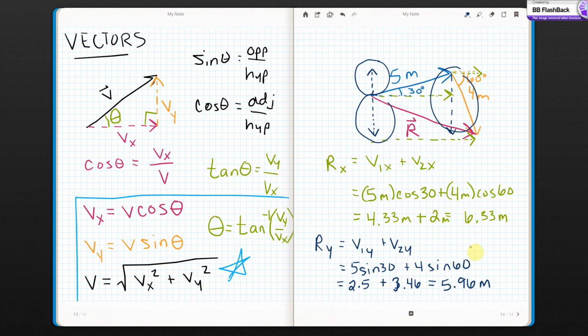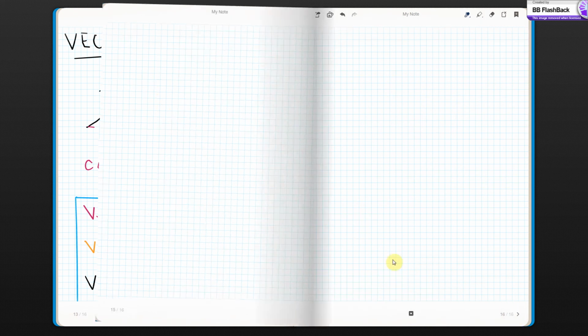Now that I have the x and y component, to find how long r is, I go over here and use this black equation. So let's see if I can remember these. 6.33, 5.96.